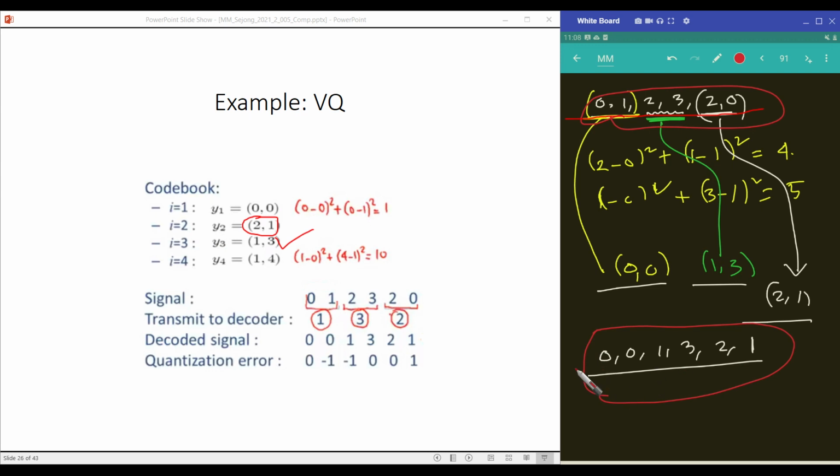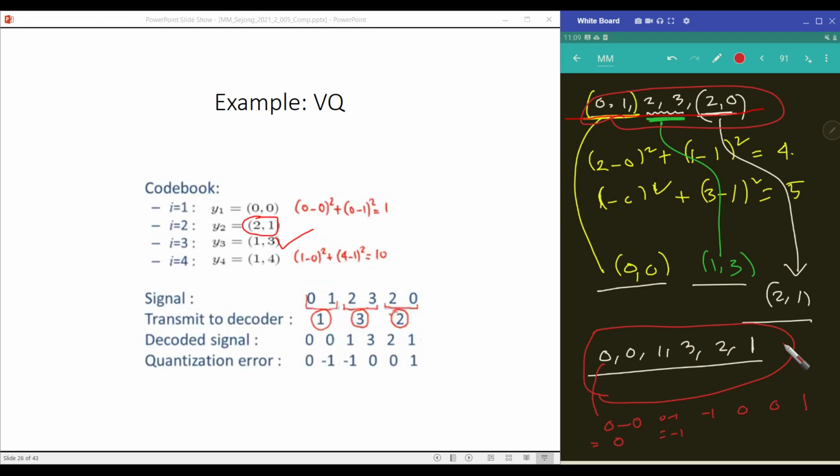For example, the very first one is 0 minus 0, that is 0, so no problem. The second was 0 and this is 1, so 0 minus 1 is minus 1. The third one is 1 minus 2, this means minus 1. Then 3 minus 3 is 0, then again difference 0, and then again difference 1.